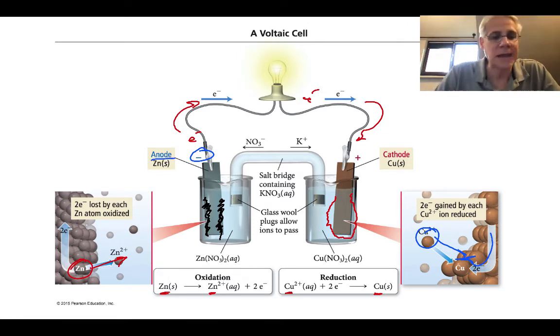Just like a negative ion is an anion, a negative electrode is an anode. And which way do they go? Well, the way I like to think of it is electrons are attracted to positive things because they're a negative charge, and so electrons flow from anode to cathode. They flow away from the negative sign and towards the positive sign. And so we have our positive electrode there. So a positive ion is a cation, and so a positive electrode is a cathode. And so that's what our copper is.